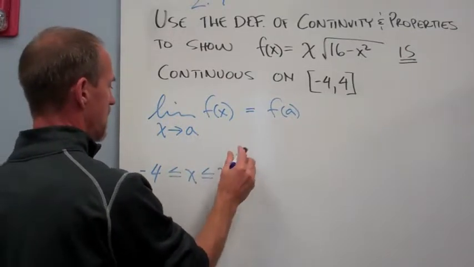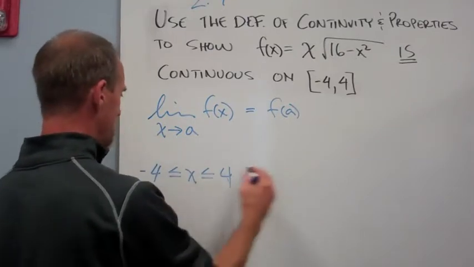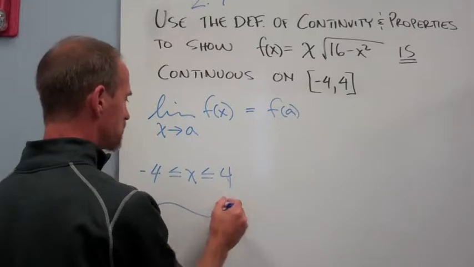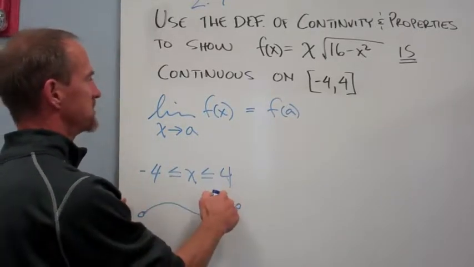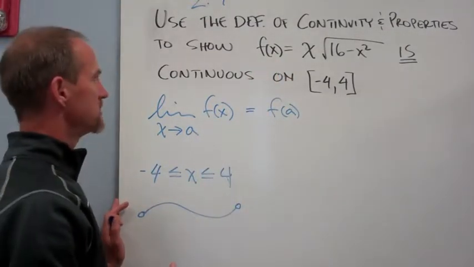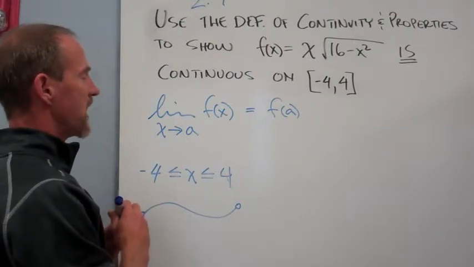Between this, there'll be some function that's doing something, and we can show the open interval from -4 to +4 by applying the limit laws and properties in the manner I will show you.